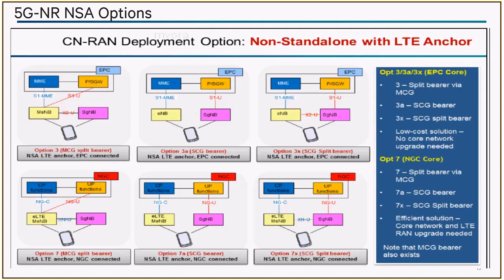In option 3X, the user plane data comes from EPC, goes to the 5G eNode B. The 5G eNode B splits the packets, sends some of them to the LTE eNode B, and you get data from both LTE eNode B and 5G eNode B. Or you can get data only from the 5G eNode B, but there is essentially an interface between the LTE eNode B and the 5G eNode B.